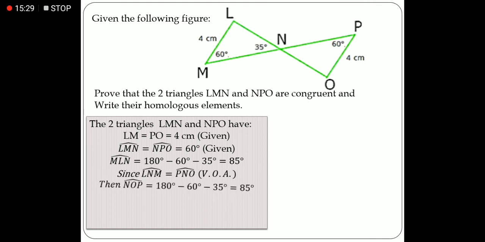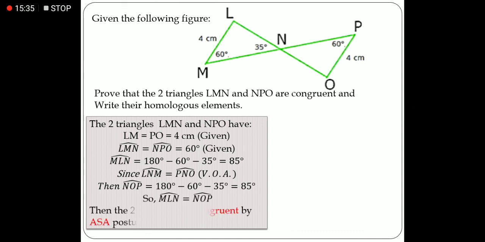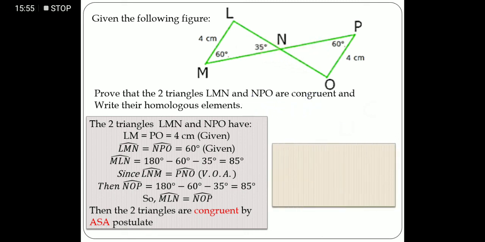We have three elements proved to be equal to the three elements on the other triangle, so they are congruent by the angle, side, angle postulate. So the others are called homologous elements. LN equals NO and MN equals NP, and these angles I told you about before. Okay?